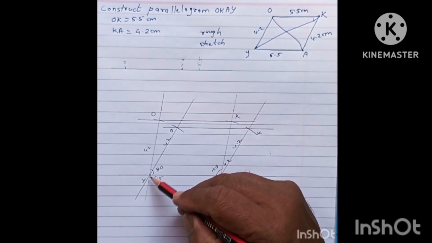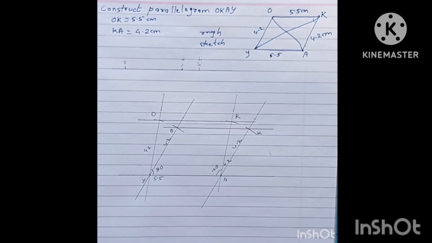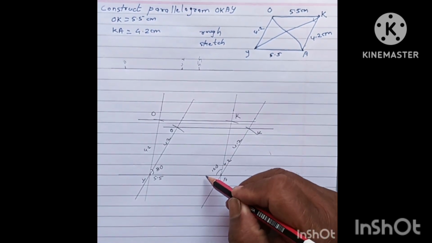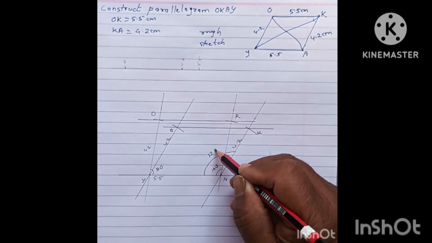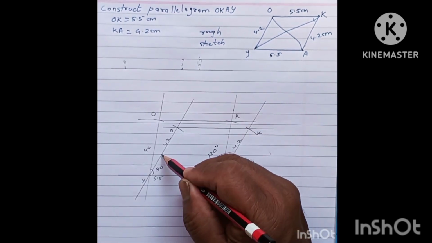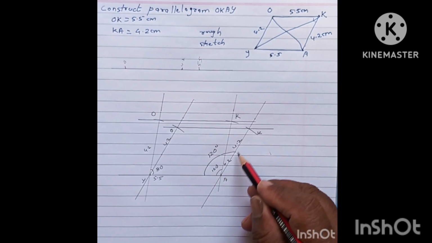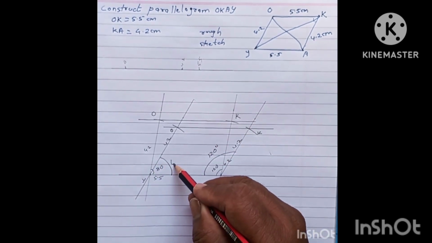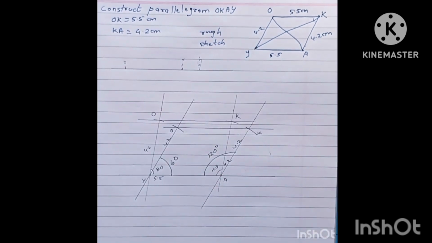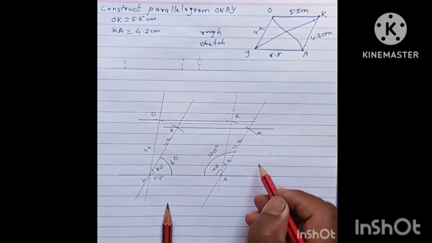Now the angles: as we have seen, this is 120, which we have taken. And hence this is 60. Now go to the very important comment.